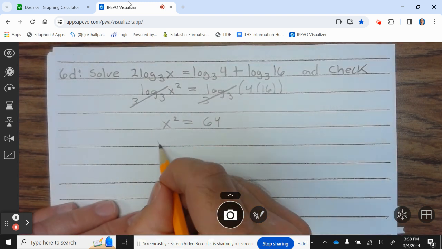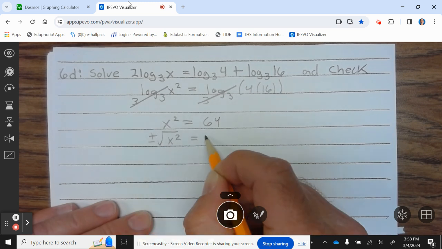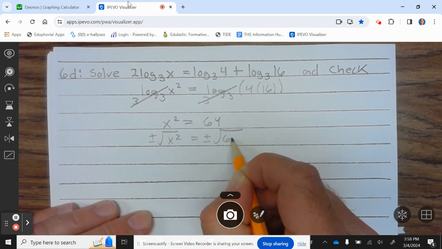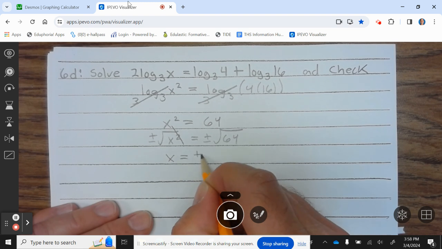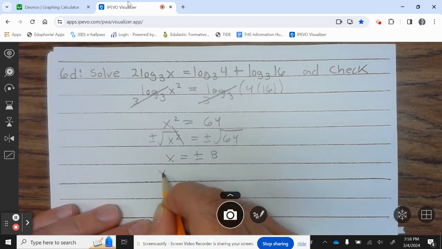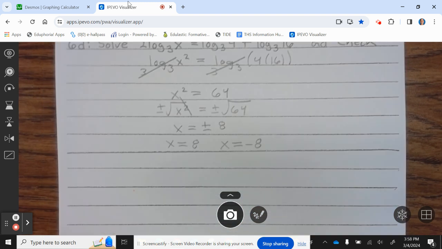Okay, we're going to take the square root of both sides. Remember, plus or minus. Cancels, you get x equals plus or minus 8. So x equals 8 and x equals negative 8.